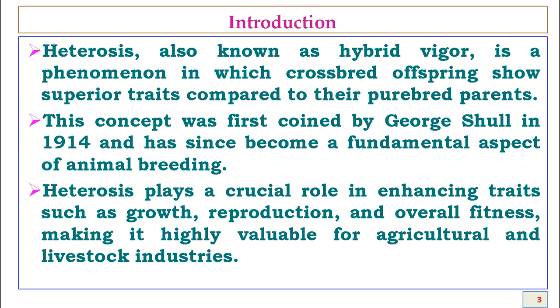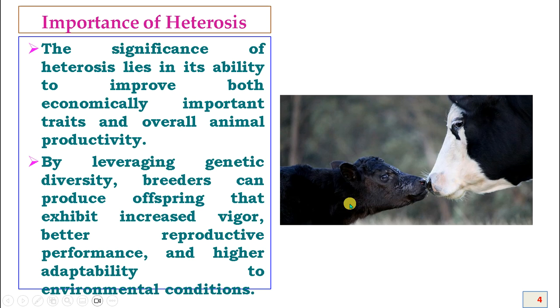This concept was first coined by George Shull in 1914 and has since become a fundamental aspect of animal breeding. Heterosis plays a very crucial role in enhancing traits such as growth, reproduction, and overall fitness of the particular animal, making it highly valuable for agriculture and livestock industries.